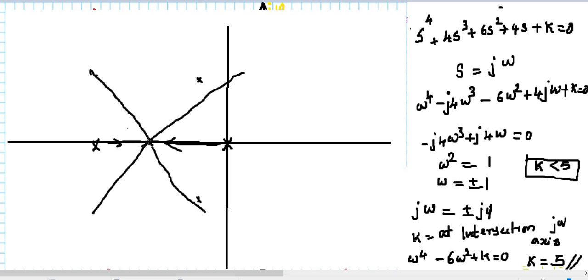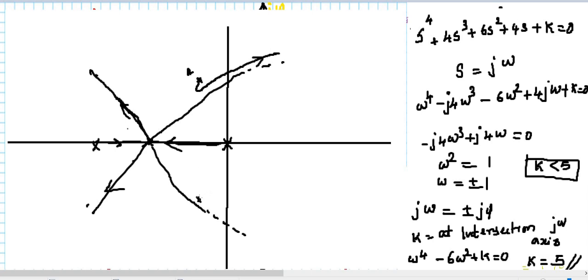So one root locus branch will go through these asymptotes, another will go asymptotically through these asymptotes, and there are two complex poles, that is at a and a complement.